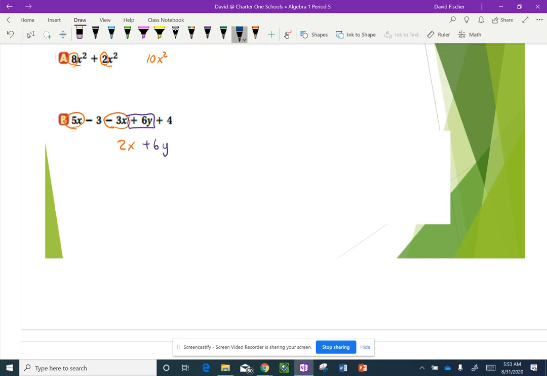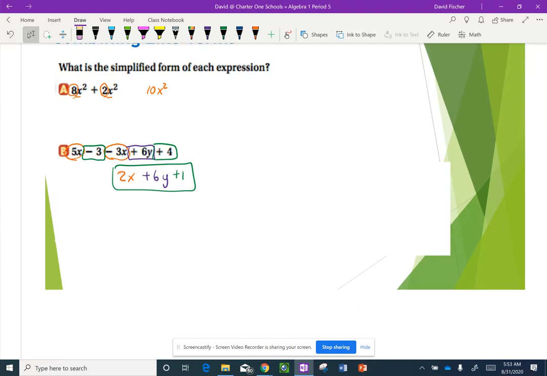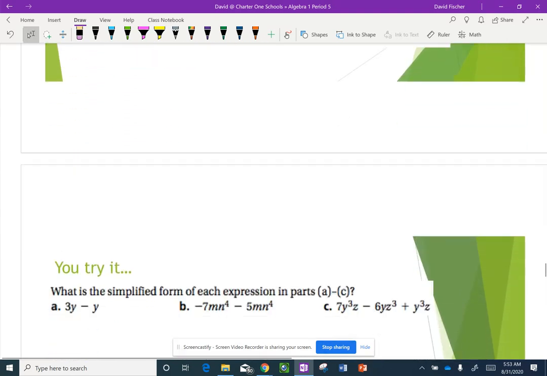And now lastly, I have my units. I have a -3 and a +4, which equals a +1 still left. Alright, so no distributive property, just collecting like terms again.